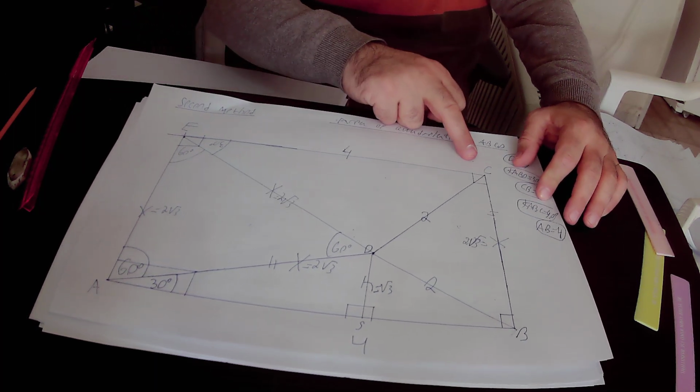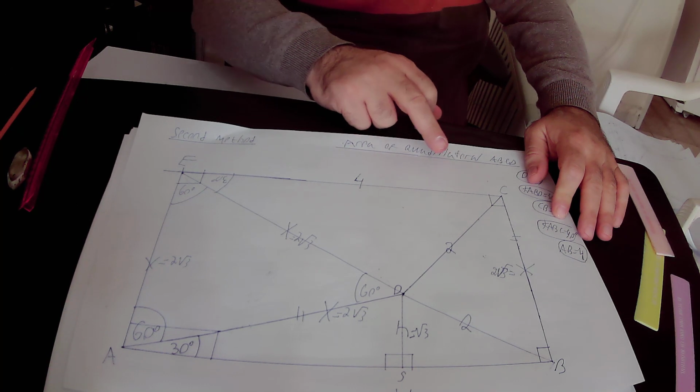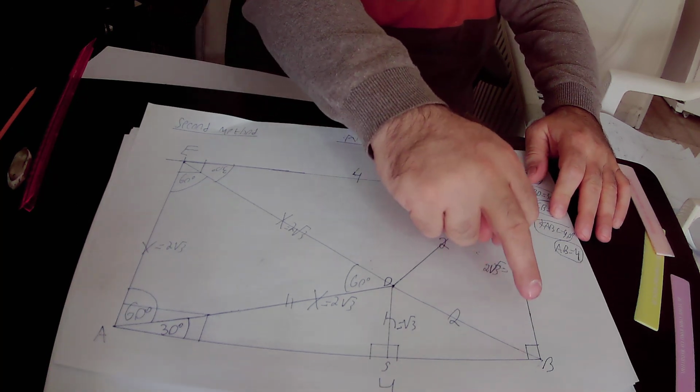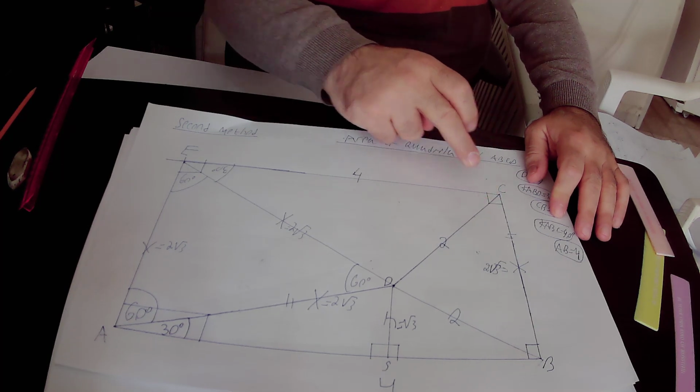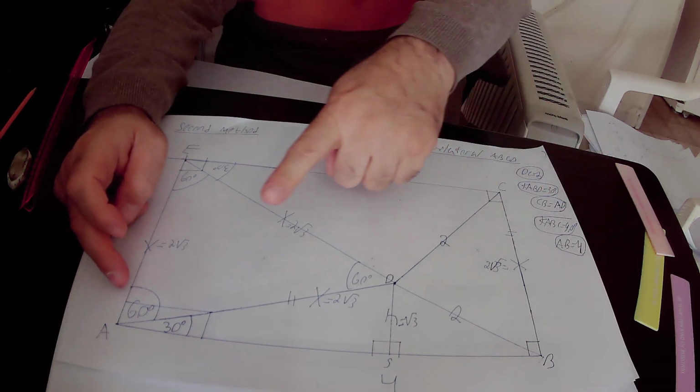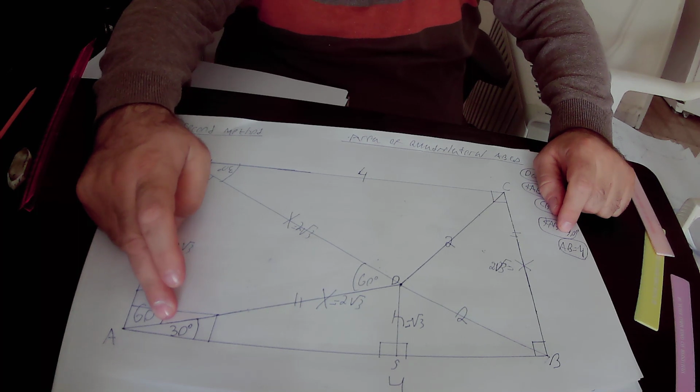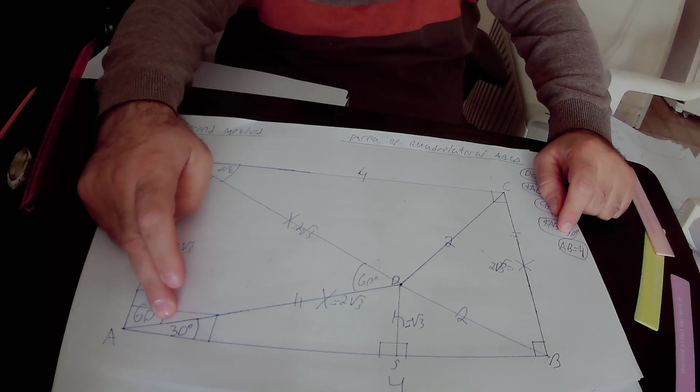From point C, we drew a perpendicular to CB, that is to say this angle equals 90 degrees. And from point A, we drew a perpendicular to AB, that is to say this angle equals 90 degrees.